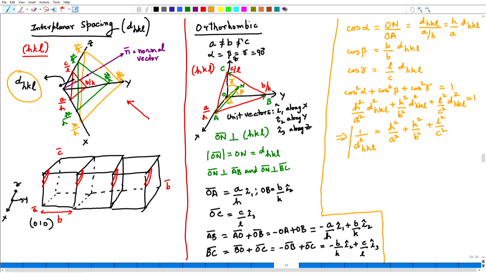So, this is the expression I have got for interplanar spacing for the orthorhombic unit cell.